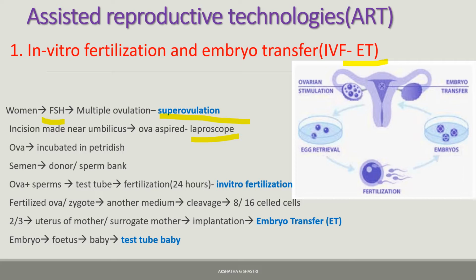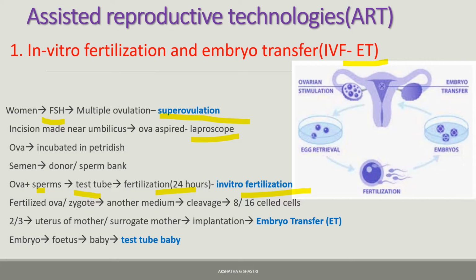Then the incubated ova and sperms are mixed in a test tube containing a suitable medium for fertilization. Within 24 hours, the ova are fertilized with the sperms in the test tube. This is external fertilization, which takes place outside the body. Here we are conducting fertilization in the test tube, right? Hence this is known as in vitro fertilization.